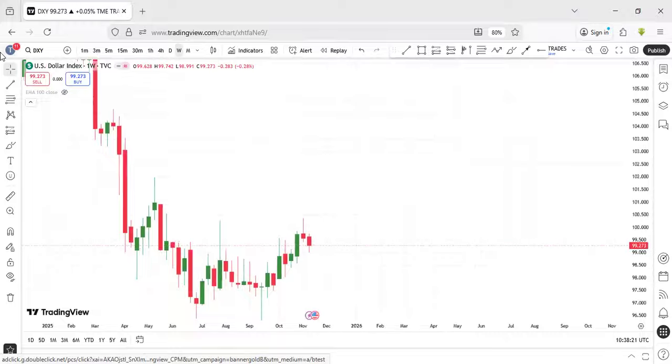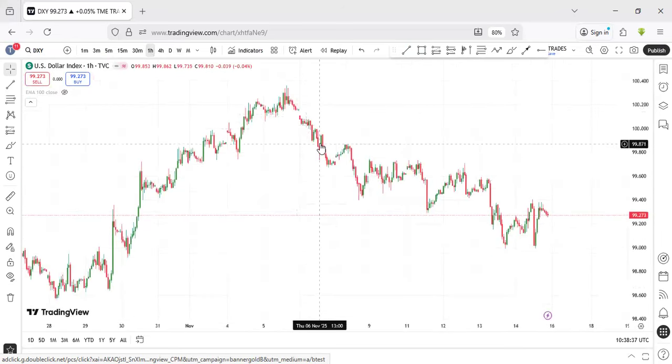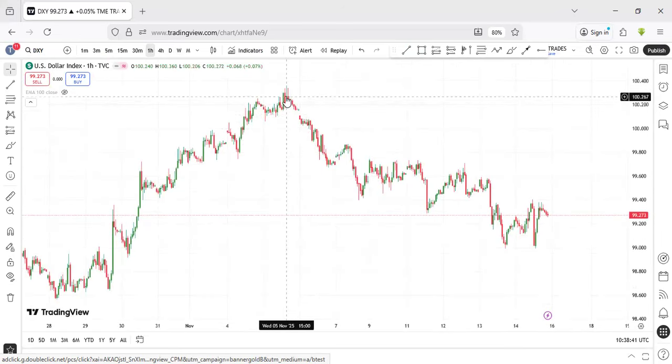Now, whenever DXY is selling, just know that the dollar is weak. Whenever it is buying, then the dollar is strong, right? Whether you are seeing that on, okay, let's go to a lower time frame. As you can see, all this while it has been selling, right? Starting from the 5th of November, it has been selling.